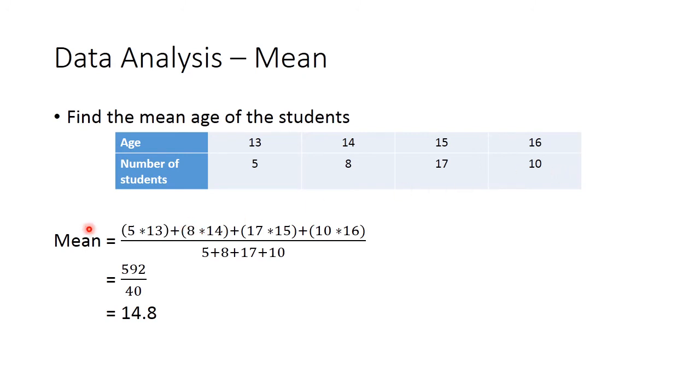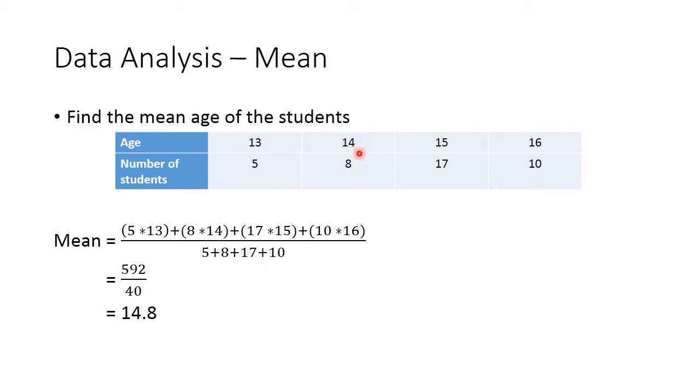Now at this moment, ignore this bottom portion of how to get this answer. I'll explain that in a short while. First, the key is to understand the table. If we look at the age 13 and the number of students is 5, it's as good as saying that I have 5 students, all of them age 13. So I have 13 five times.